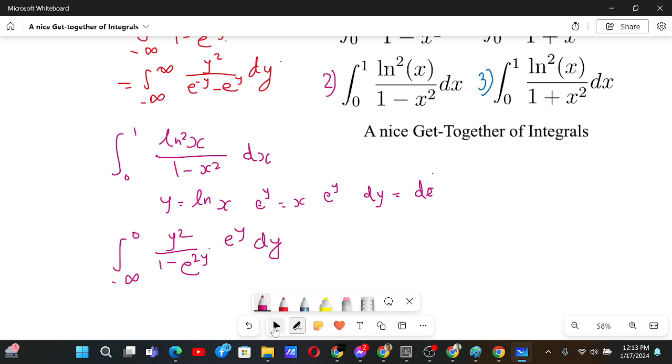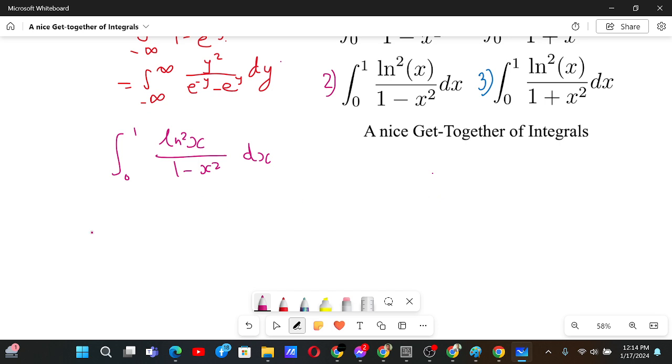Note that this will again be an odd function, but we don't have a symmetric domain over here. So this approach will not really work in this problem because the domain is just on one side. So we have to think of some other approach.